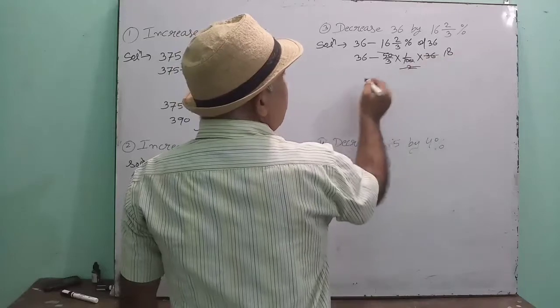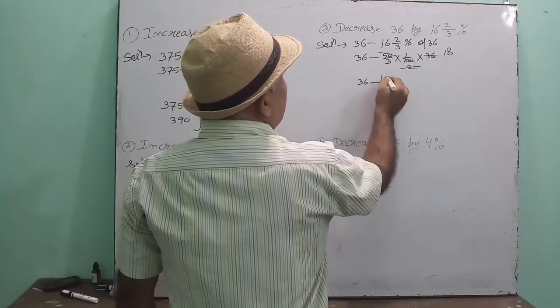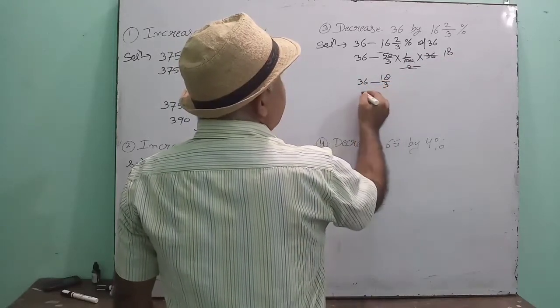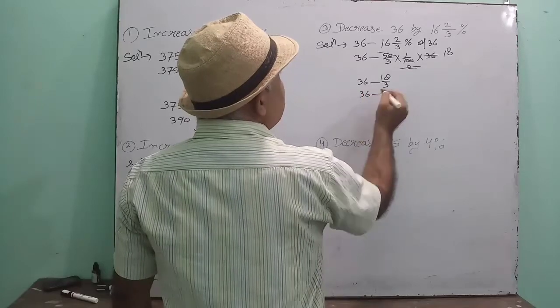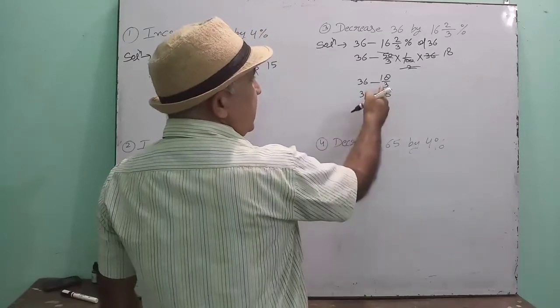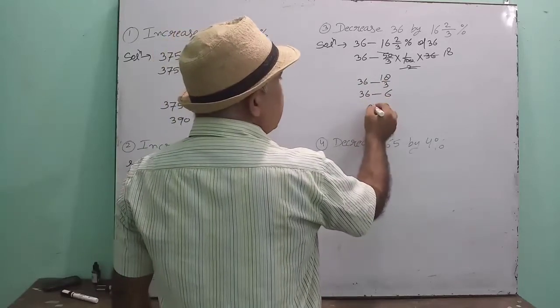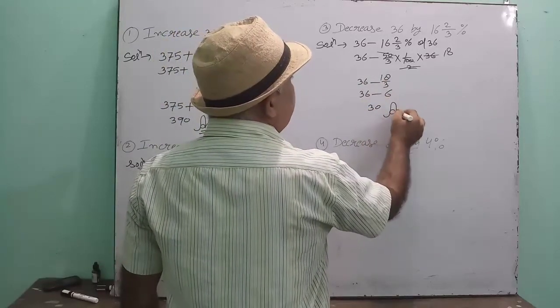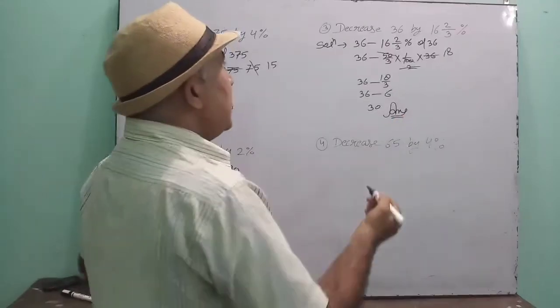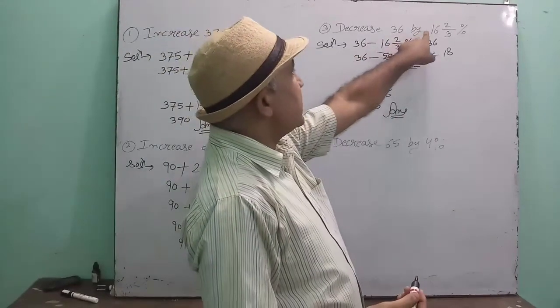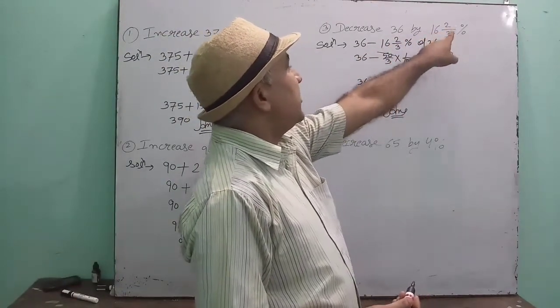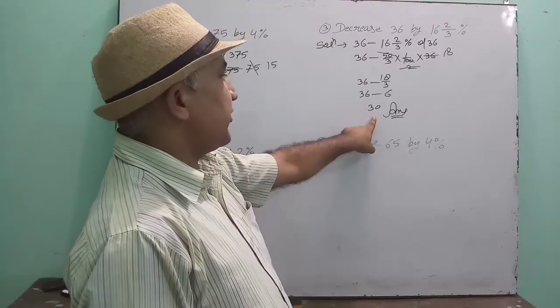This 3 can also divide 18. 36 minus 18 by 3 means 36 minus 6, because 3 dividing 18 by 6 times. 36 minus 6 is 30. That means when 36 is decreased by 16 2/3%, you will get 30.